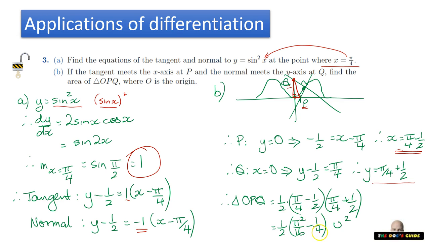And if we wanted to, we could take out another 4, make it 1/8 out the front, outside of pi squared on 2 minus 1, maybe put it all over 2, but again, depends what the question says as to whether you'd be bothered doing that. So I think that's a fair standard of question, solid standard of question for advanced.